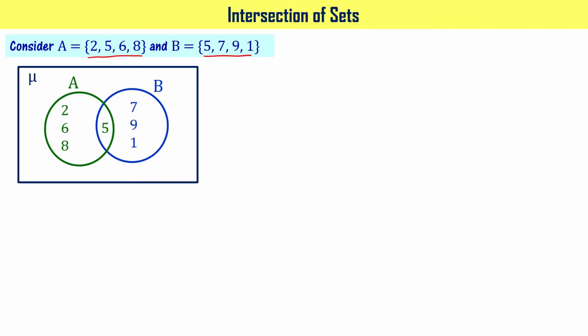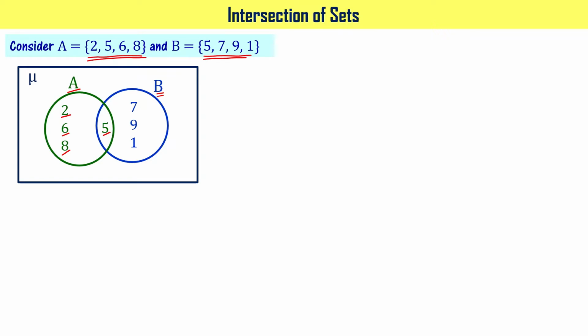As you see here, the set A contains elements 2, 5, 6 and 8. This is represented using a green color circle. Set A is represented using a green color circle in the Venn diagram and set B is represented using a blue color circle in the Venn diagram.